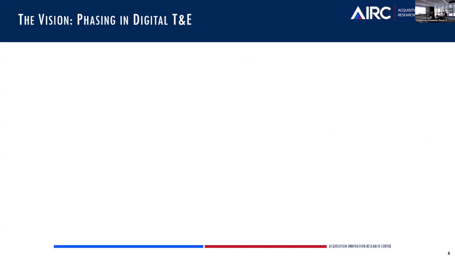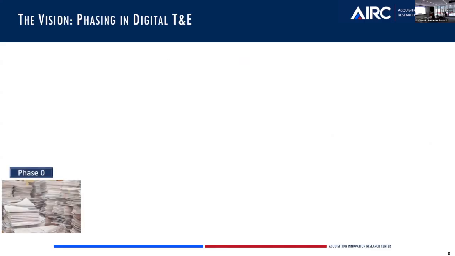All right. Here's also the vision piece. Phase 0 is, unfortunately, where the majority of us are today. In fact, I have to tell my students that we're still frequently using things like fax machines, and they ask, wait, what's a fax machine? And by the way, what's a pager?